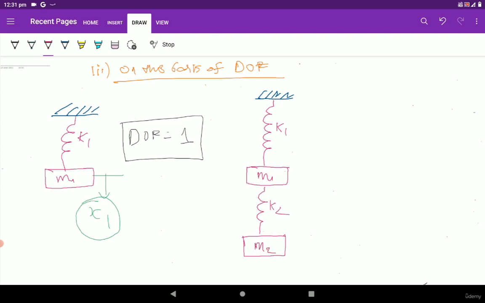So the possible displacements for this case are: this can be displaced by x1 and this can also be displaced by x2. So there are two minimum displacements which can occur in this system. So we can say the degree of freedom for this system is equal to 2.